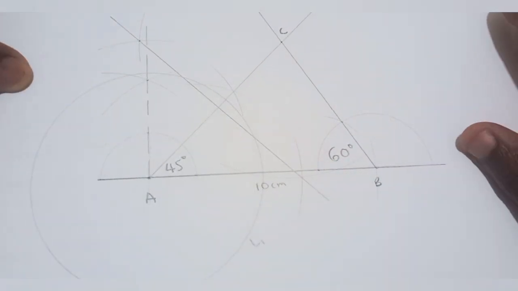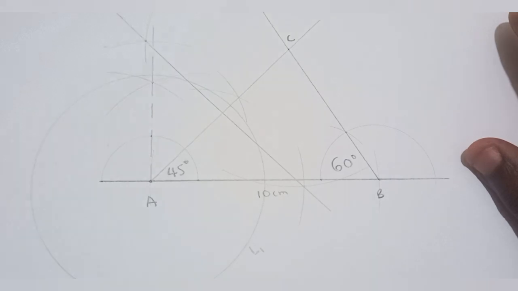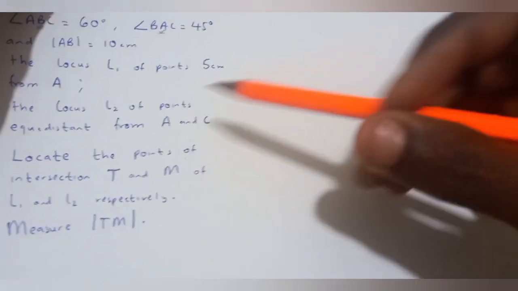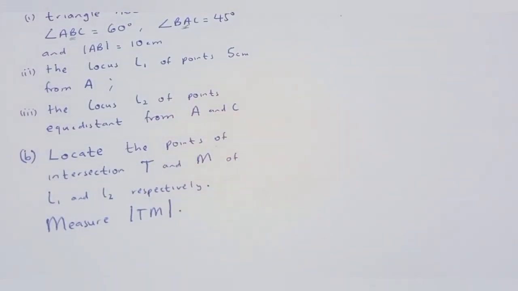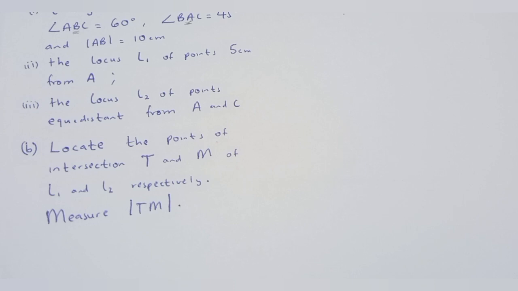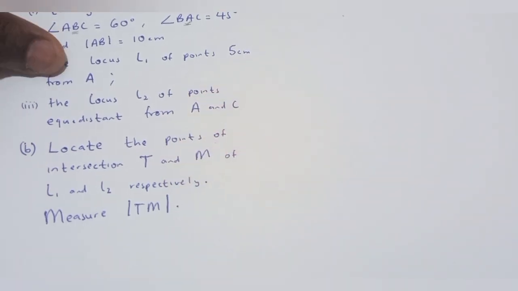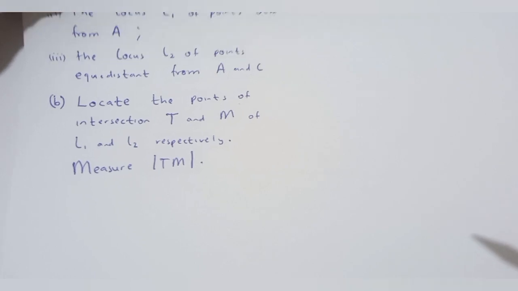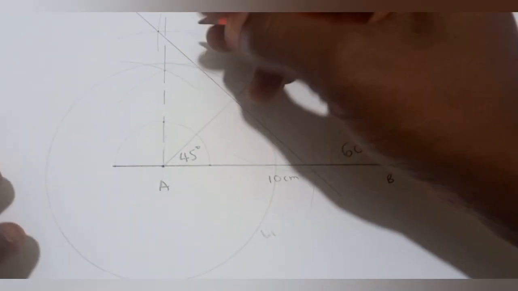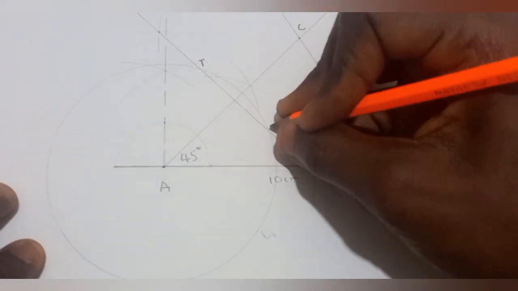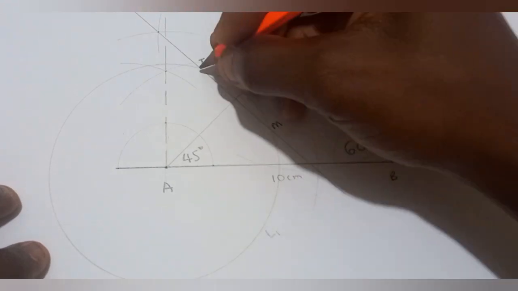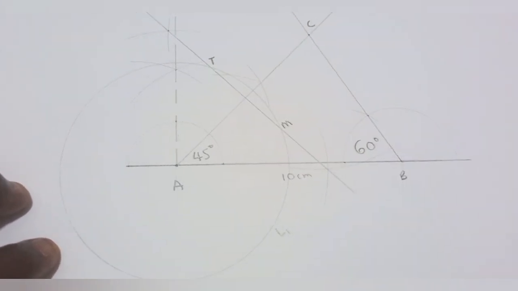What does the question tell us? It said we should locate the points of intersection T and M of L1 and L2 respectively, and we are to measure the line. So then T and M, we have to measure this line intersection.